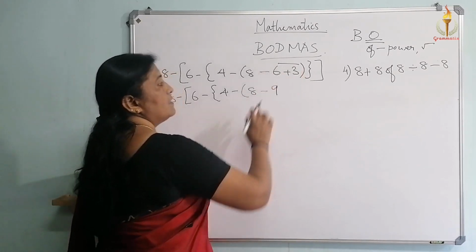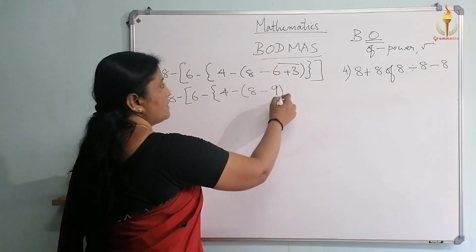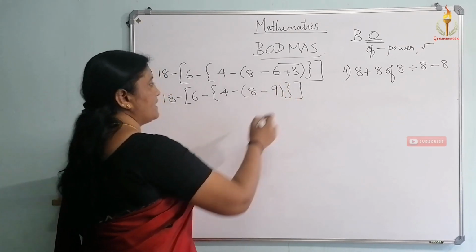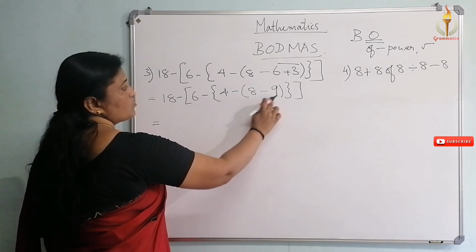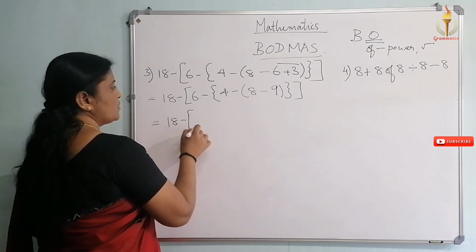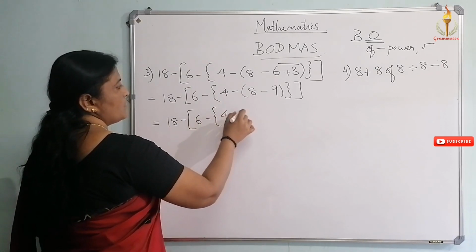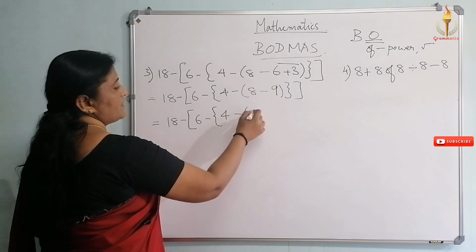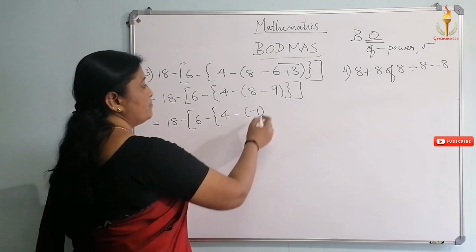So this is vanished, that bar is not there now. So the rest you write as it is. Then your third step is you are going to solve this innermost one, that is 8 minus 9. You write the rest as it is. Don't try to solve the other things, you just write it as it is. 8 minus 9 is minus 1. Since it is a negative number, I have put it again in brackets there.